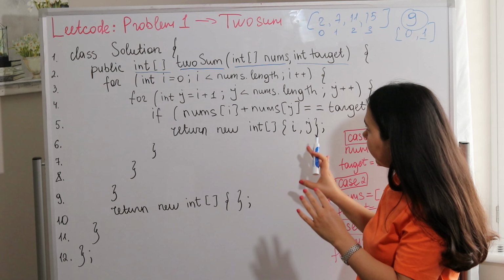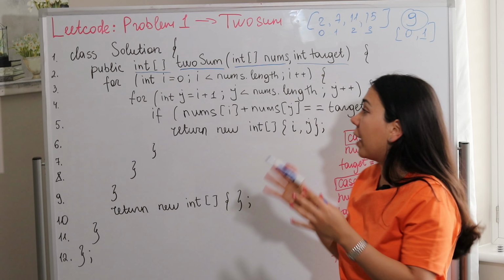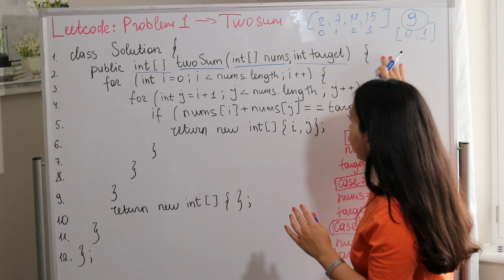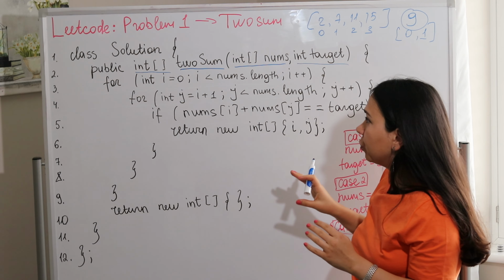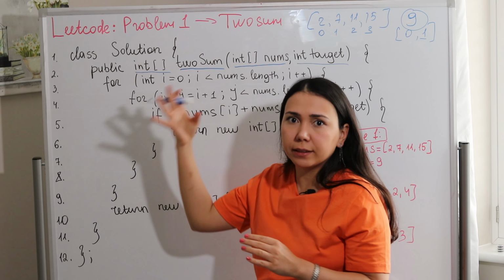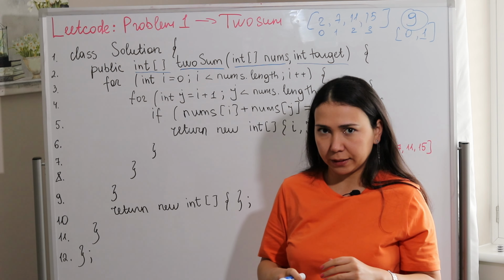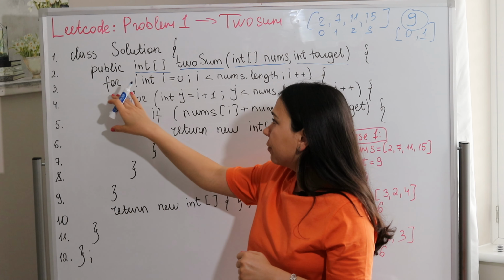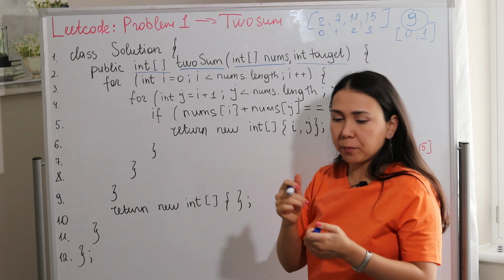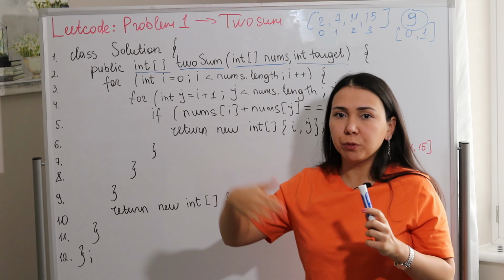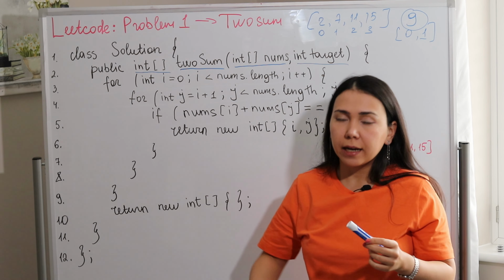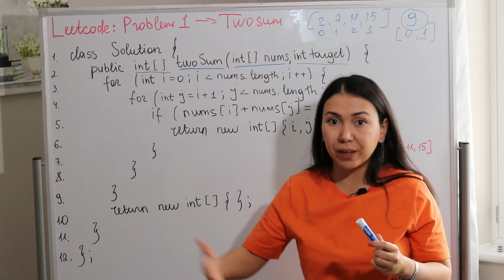Once we have defined our class and our function, we open a curly bracket in order to start doing the logic to achieve what the problem is asking us to achieve. We start with a loop. A loop is something that will keep doing the same actions until it needs to stop based on the rules.